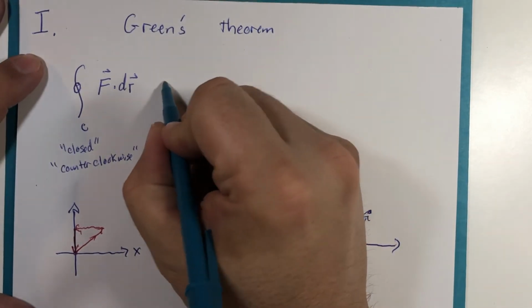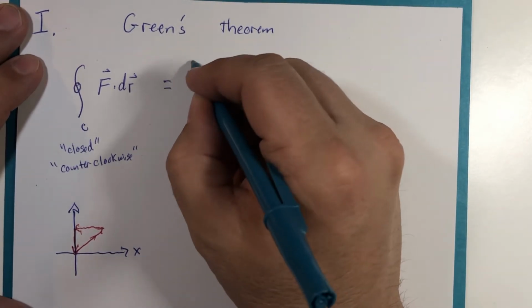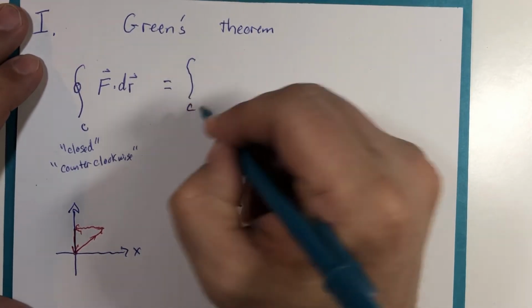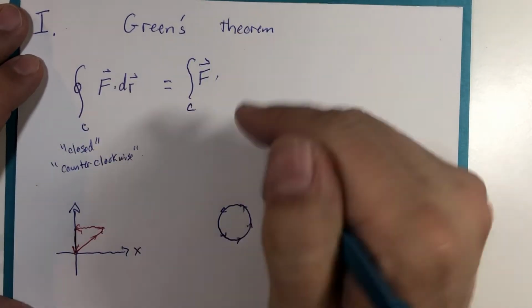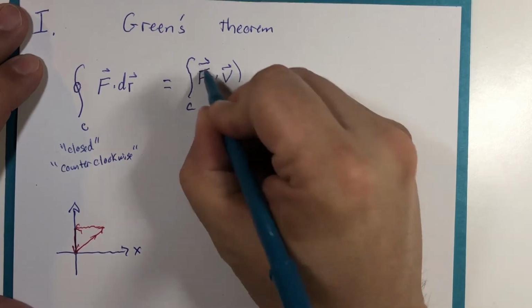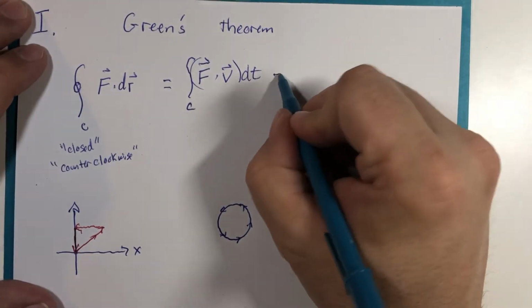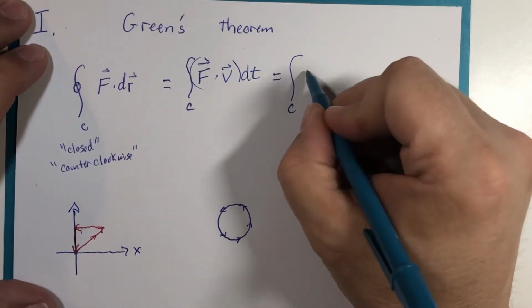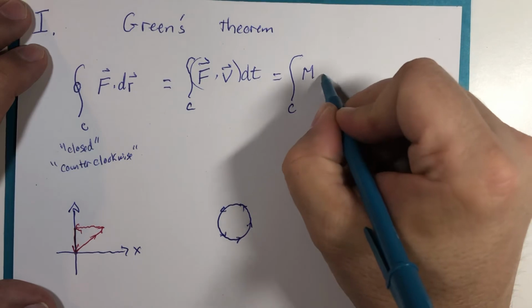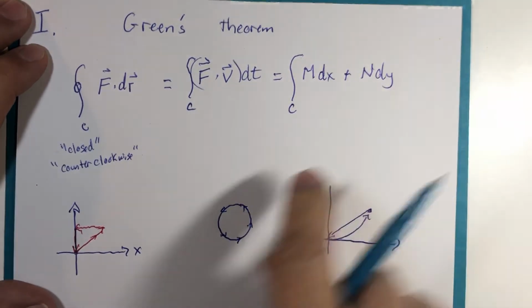I also want you to recall that there's what I would say is a formula. If you're given the vector field and you're given the curve, this is equivalent. And we also learned that there's a differential form: first component dx plus second component dy.